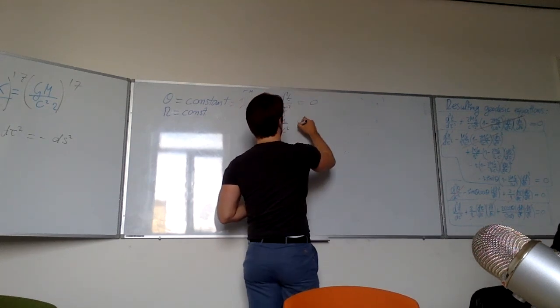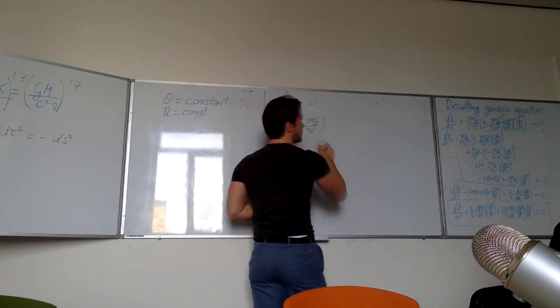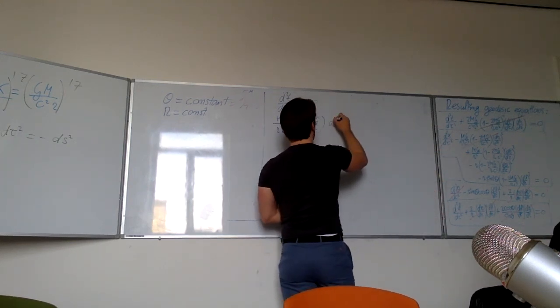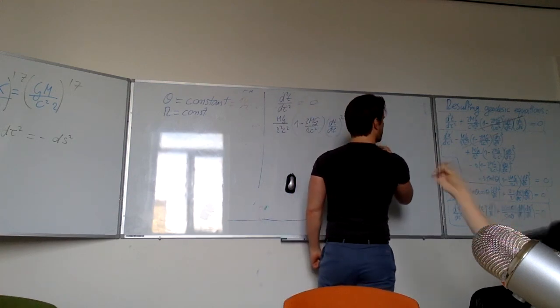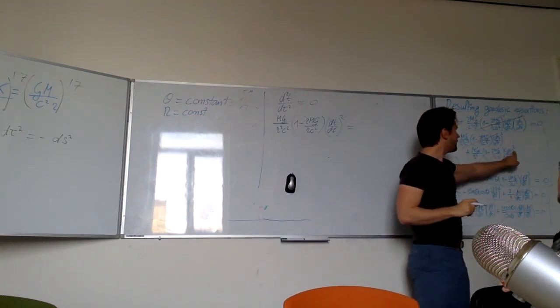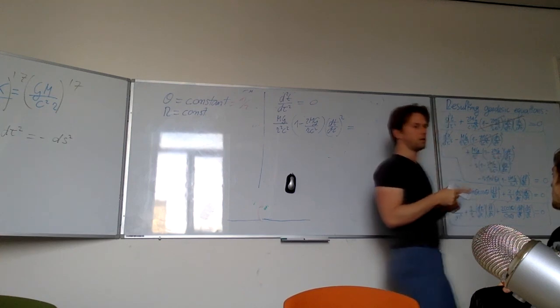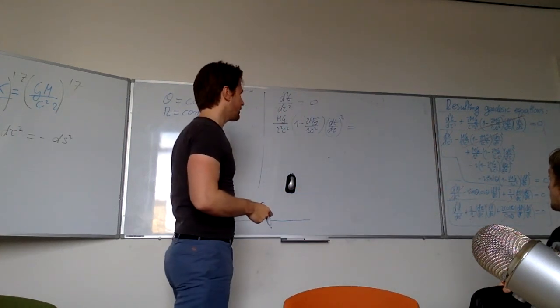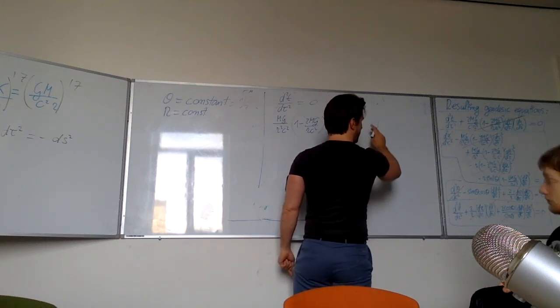No, it's correct. 1 minus 2 mg r c squared dt d tau equals. Isn't the c squared there in the fraction? No, it cancels out because what I had to do was take x0, and x0 is defined as c times t. Oh, okay. That came with another c squared. And c is 1 anyway.